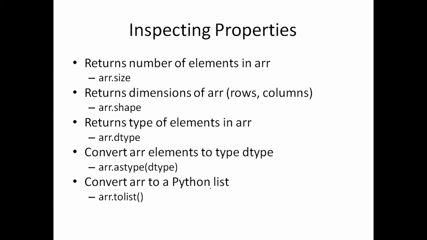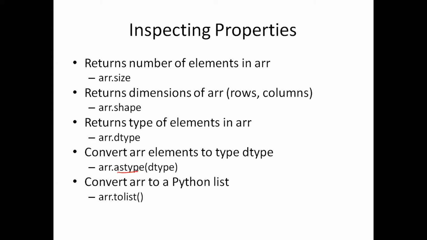You can inspect the properties of an array using these different properties, like size, which will return the number of elements in the array. Shape will determine the shape of the array, that is the number of rows and columns. dtype will give me the data type of the elements of the array, and astype will convert the elements to the specified type.